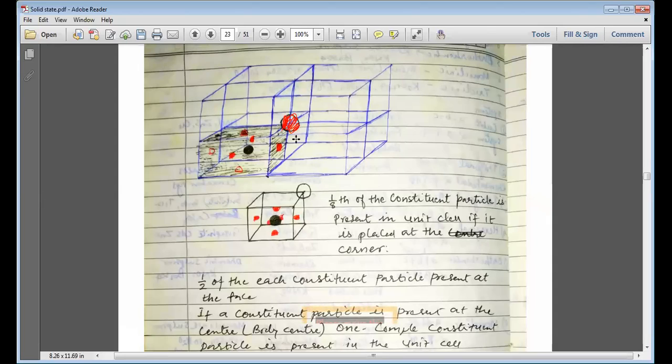Now, my dear students, if you look into this particular arrangement, you can see there are 8 different unit cells you can make, and out of those 8 different unit cells, I have shaded only one with black color.